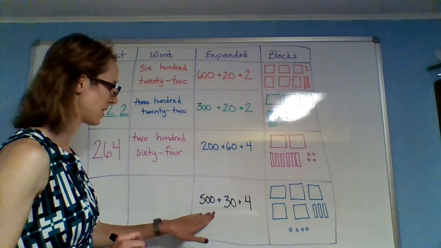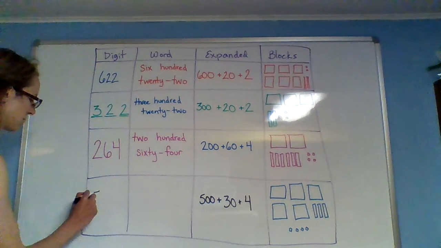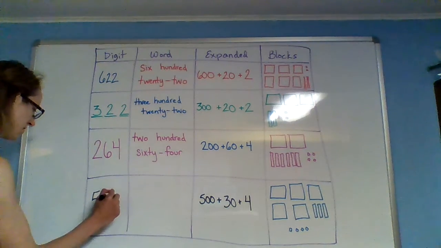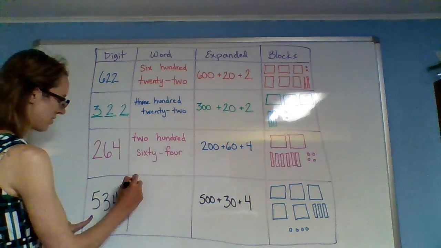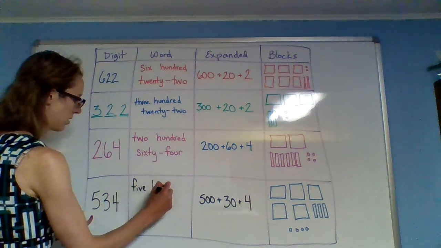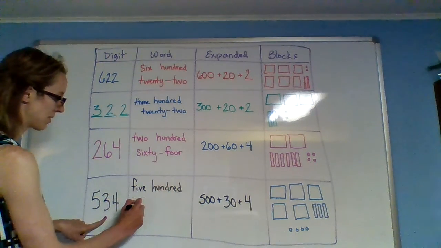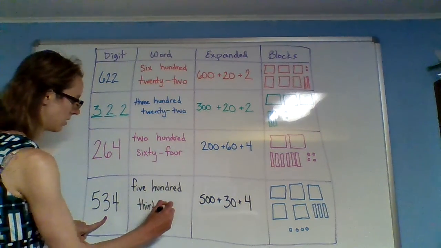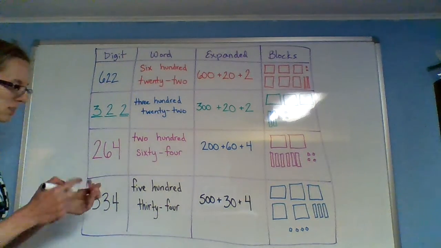I can add those together. 500 plus 30 plus 4 gives me 534. And now if I write that in words, I have 500, the 3 in the 10s, we don't write 3, we write as 30. And we have a 4 in the 1 spot.